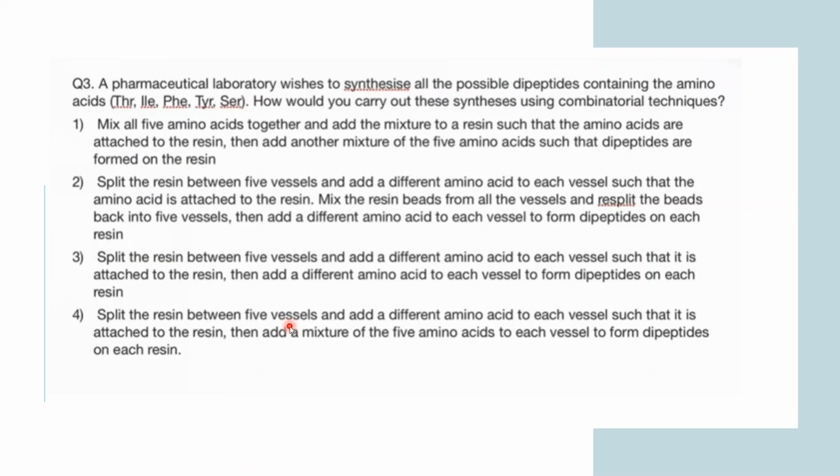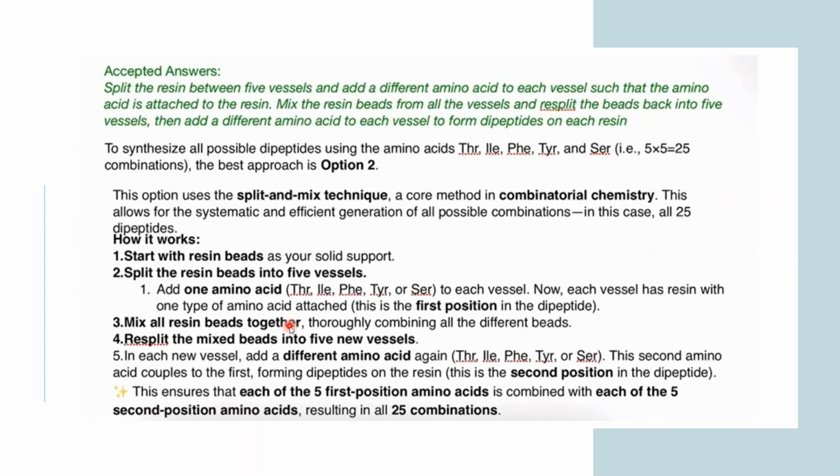So how are you going to synthesize all the possible dipeptides containing these amino acids? Now you'll see. The right answer is to split the resin between the five vessels, add a different amino acid to each vessel such that the amino acid is attached to the resin, mix the resin beads from all the vessels, and then re-split the beads back into the five vessels, and then add a different amino acid to each vessel to form the dipeptide.